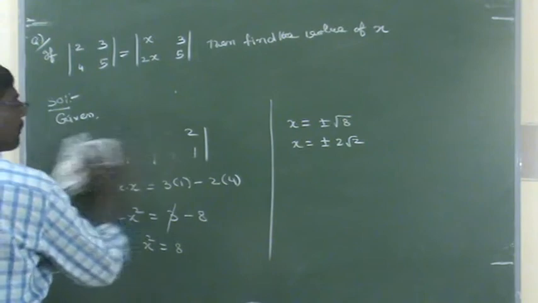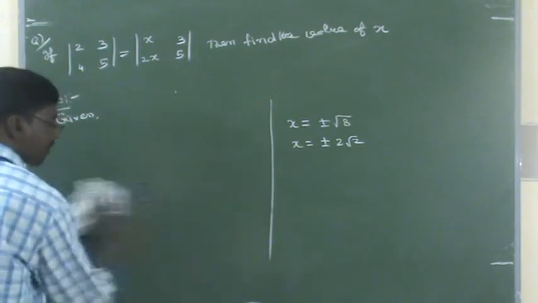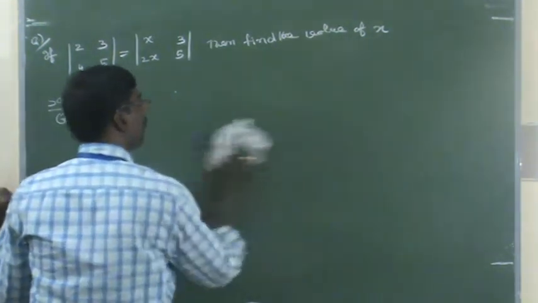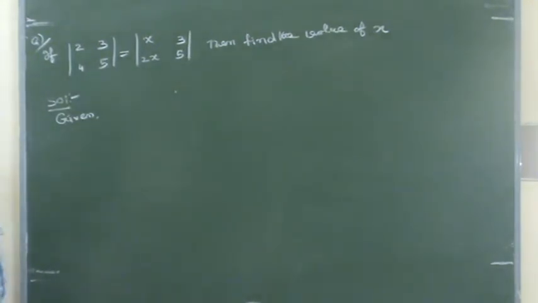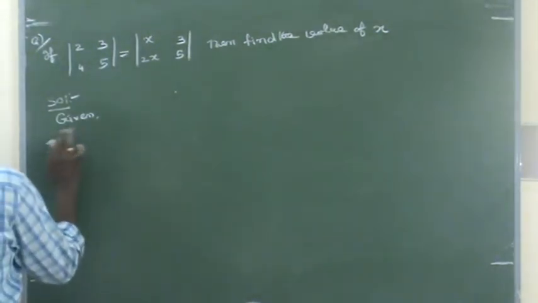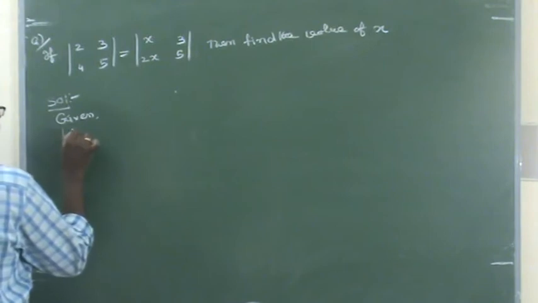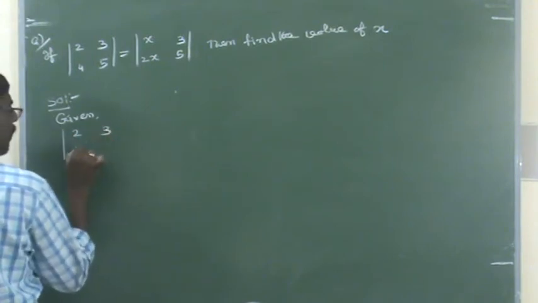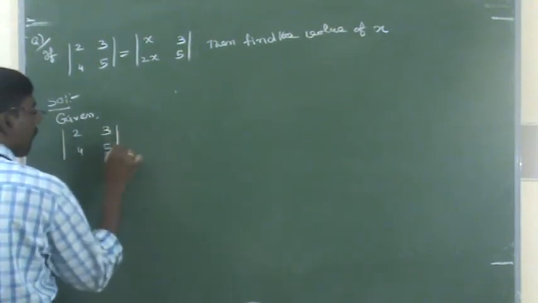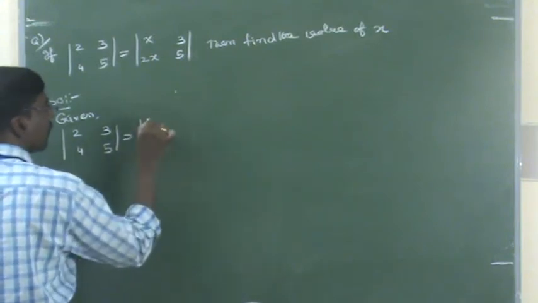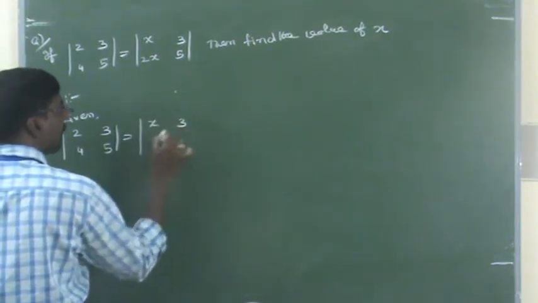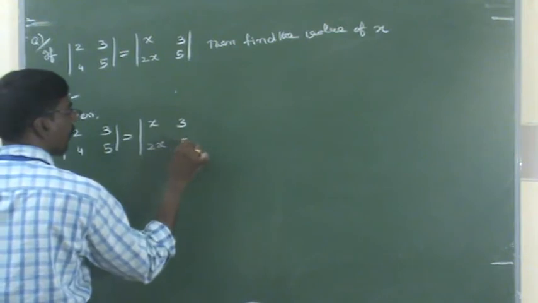Same problem, same model question, how to find out? Given determinant of 2, 3, 4, 5 is equal to determinant of x, 3, 2x, 5.